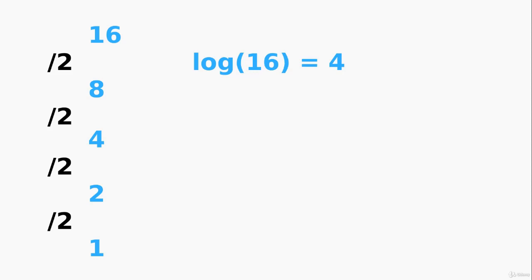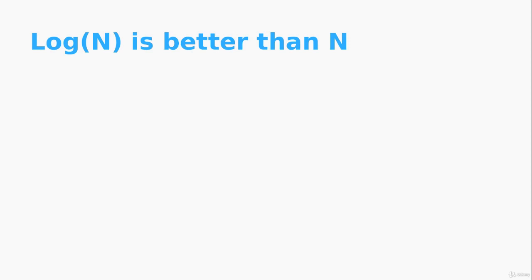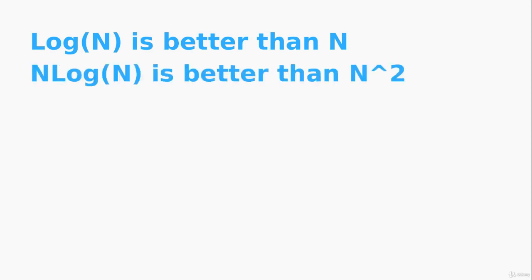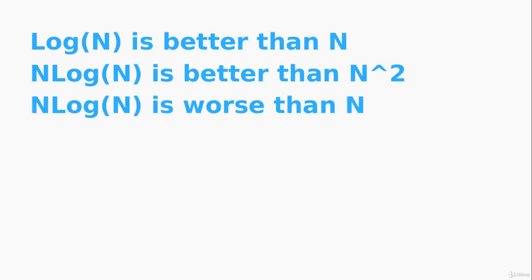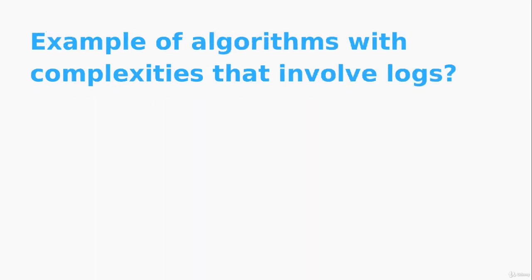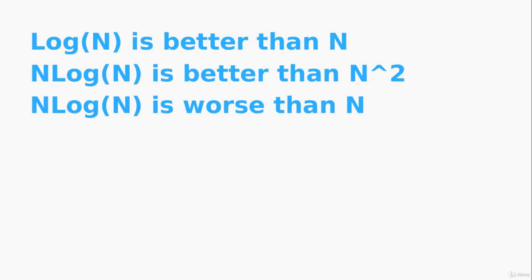It doesn't have to be 16, it just has to be linear in the input. So log of n is better than n, of course. Also, n log of n is better than n squared for the exact same reasons. Because log of n is better than n, n log of n is better than n multiplied by n, which is n squared. But n log of n is worse than n, also as expected. No multiplication is better than a multiplication.